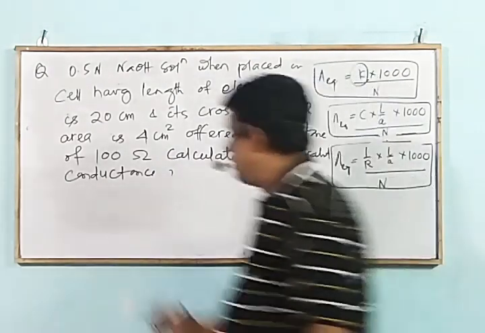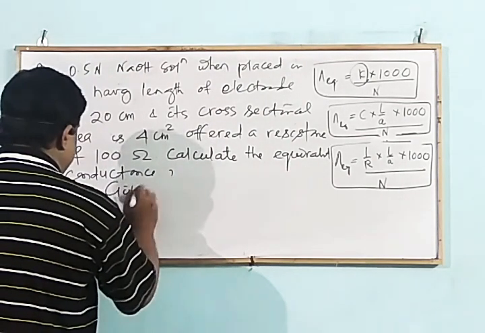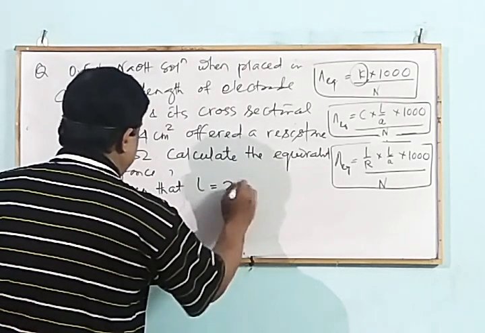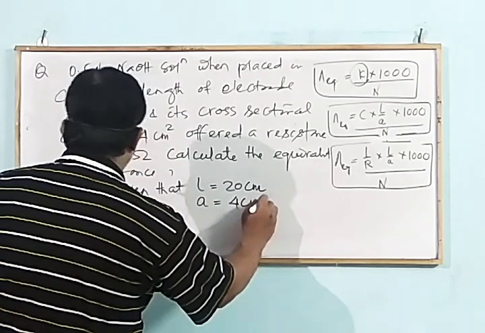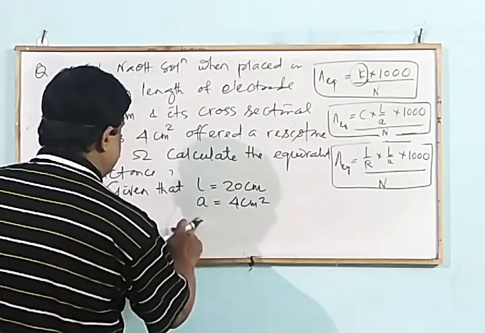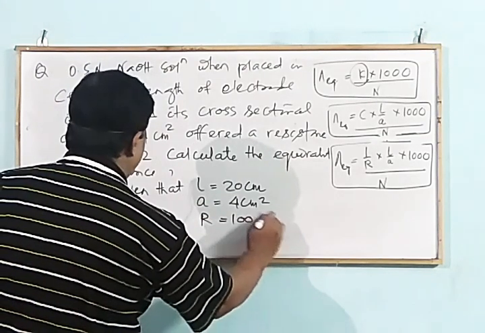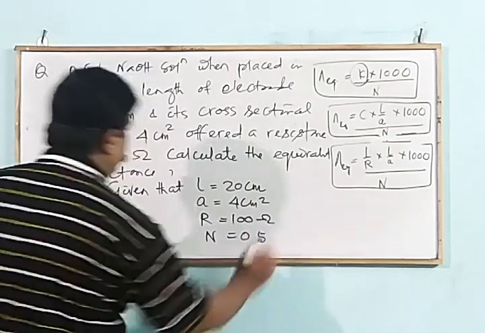Answer: given that L is equal to 20 centimeter, A is equal to 4 centimeter square, resistance R is equal to 100 ohm, and normality is equal to 0.5.